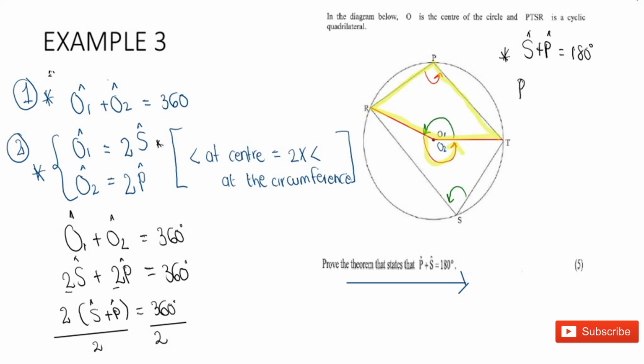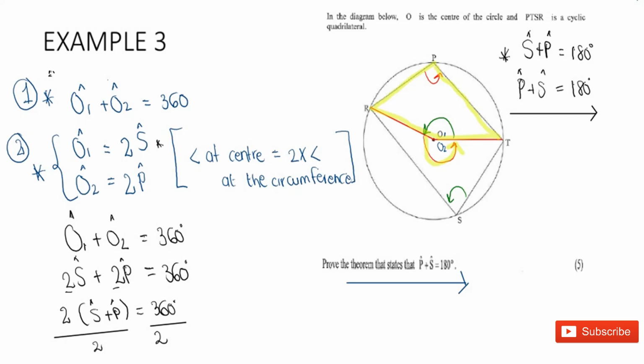That is the same as saying P plus S is equal to 180 degrees. From here, we have proven the theorem that opposite angles of a cyclic quadrilateral are supplementary. In other words, those opposite angles add up to 180 degrees.